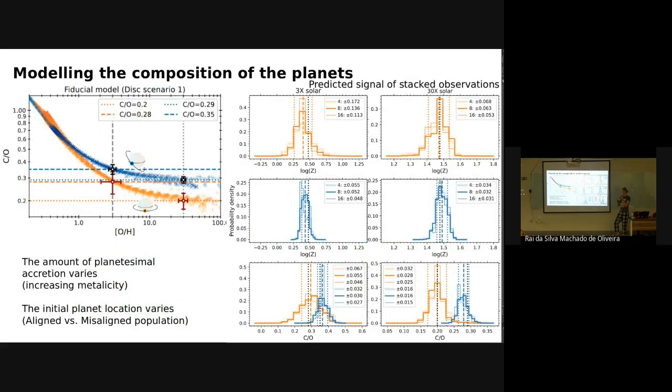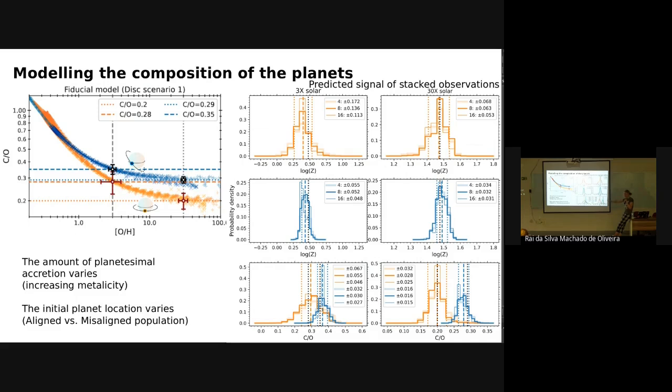So if we now do this very simply and quickly for our sample planets, we could imagine in a fiducial model, we just set one temperature, we set a simple dust to gas ratio, we set a simple total disk mass and a simple radial speed of all the material, like of the disk inwards.